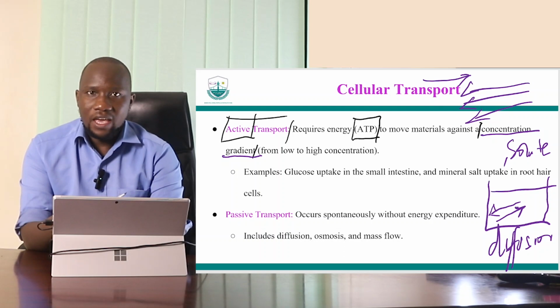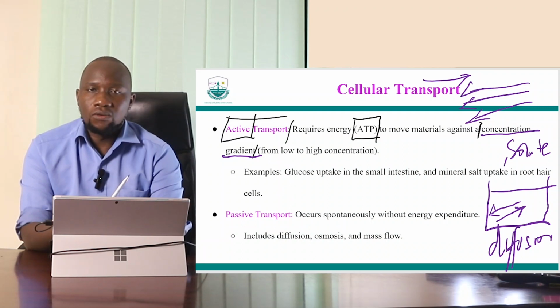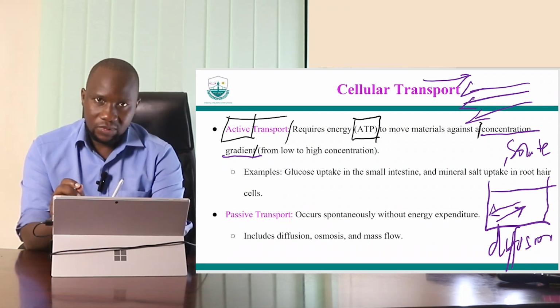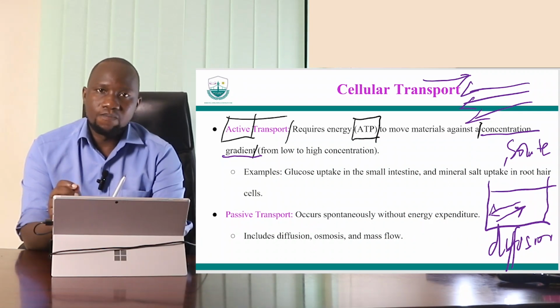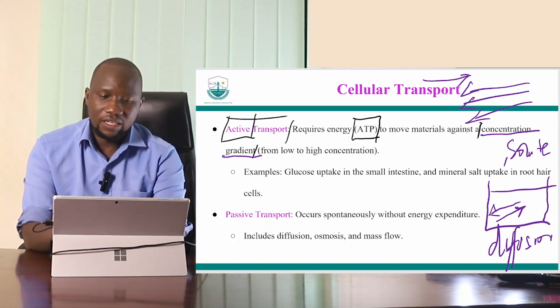So we say the absorption of glucose is against the concentration gradient and requires the expenditure of energy in the form of ATP. It's the same thing that happens with the plant root hairs. They are fine, that is to say they are very small. If you use the word fine, it means it's small.